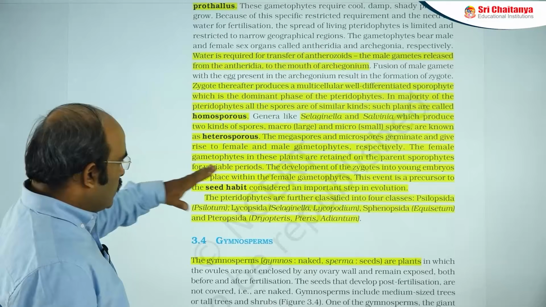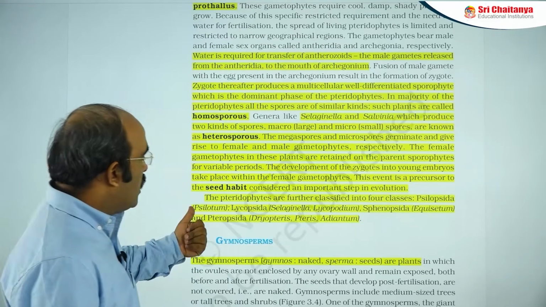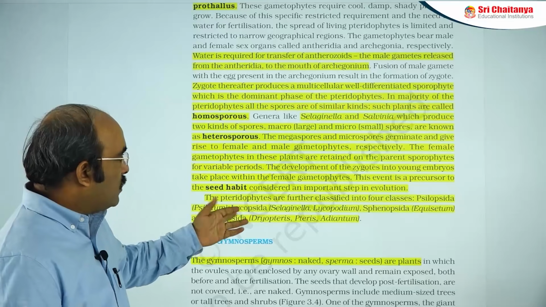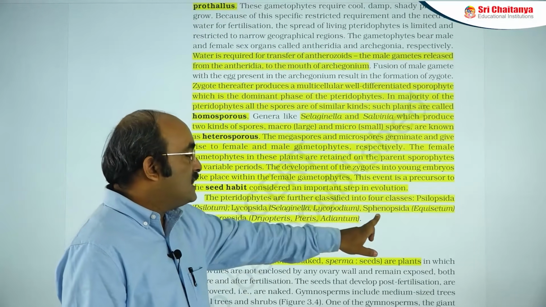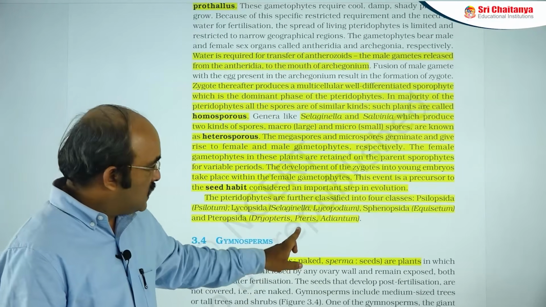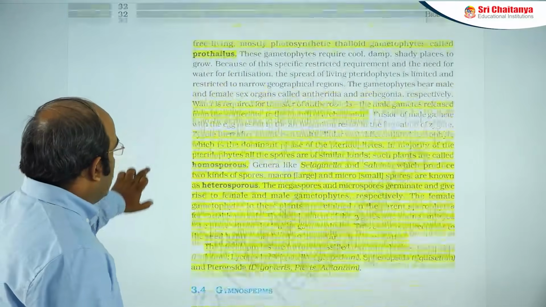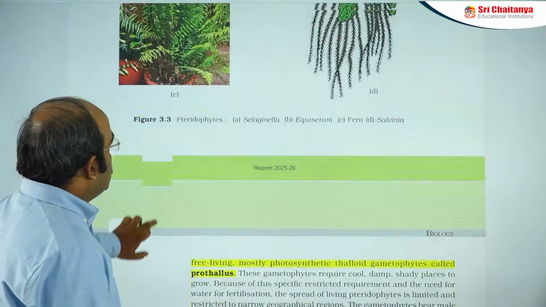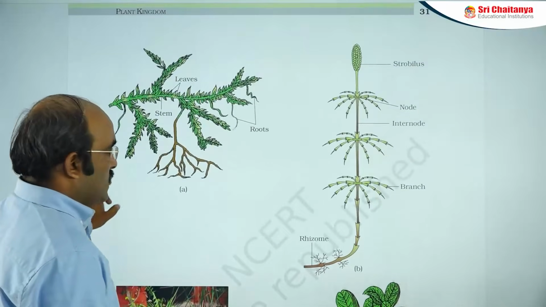Now, these are the four classes of pteridophytes: Psilopsida, represented by Psilotum; Lycopsida, represented by Selaginella and Lycopodium; Sphenopsida, Equisetum; Pteropsida, Dryopteris, Pteris, and Adiantum. Now, let us see those diagrams I told you about. You could see here, the first one is Selaginella.